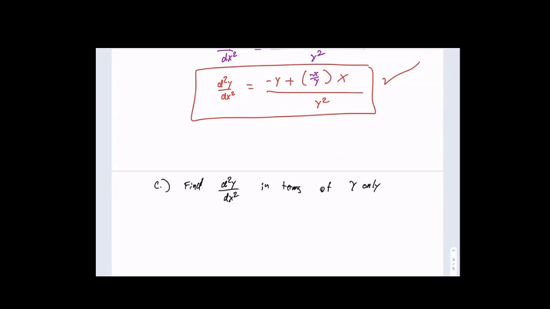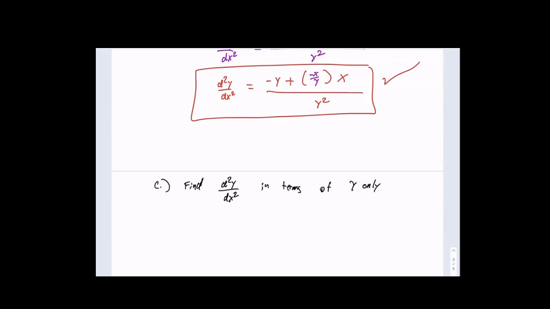My derivative right now is in terms of x and y. This question wants me to find a derivative in terms of y only. So what am I going to have to do? Get rid of the x's. Okay, how am I going to do that? And this is where I got to be a little bit more technical again.